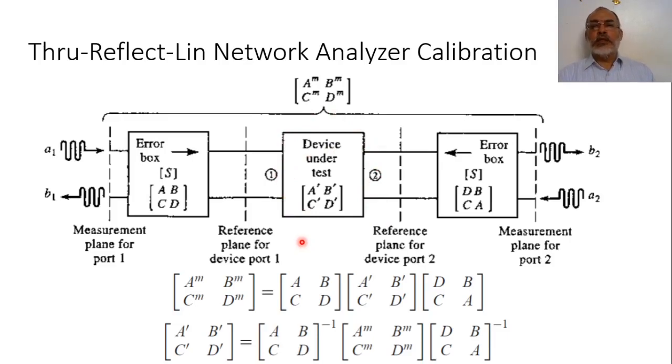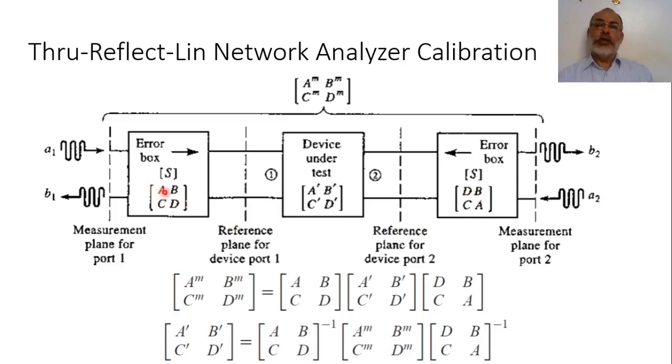Assuming that the 4-port network or the 4-port reflectometer of the vector network analyzer is symmetric, we can assume that the input error box has the same S parameters as the output error box, or both the 2 ports have the same S parameters.